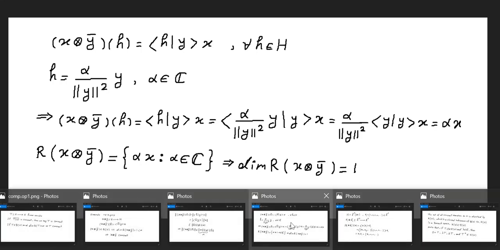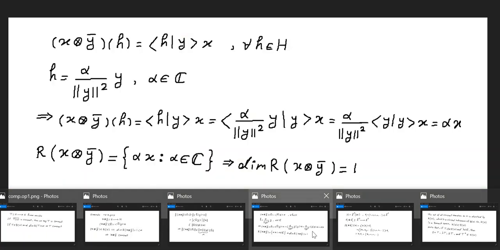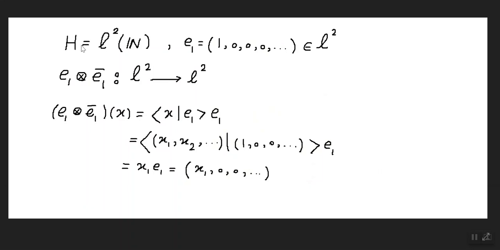In particular, suppose our Hilbert space is L2, do you remember we talked about this Hilbert space, the Hilbert space of all square summable sequences of complex numbers. Now take this element of L2, e1. e1 is one of the elements of the basis for L2.